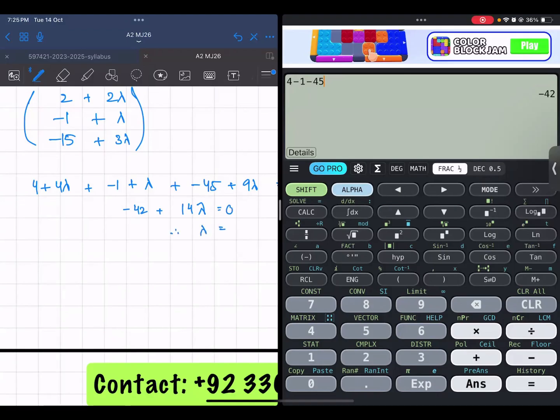Therefore your lambda comes out as 42 upon 14, which is 3.